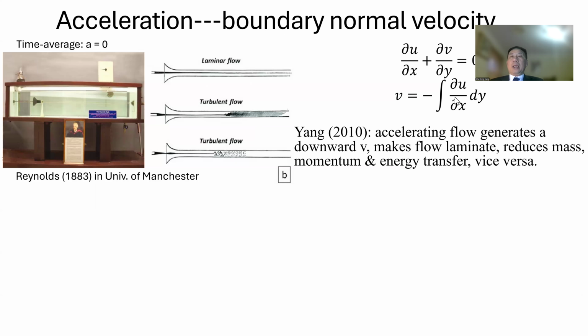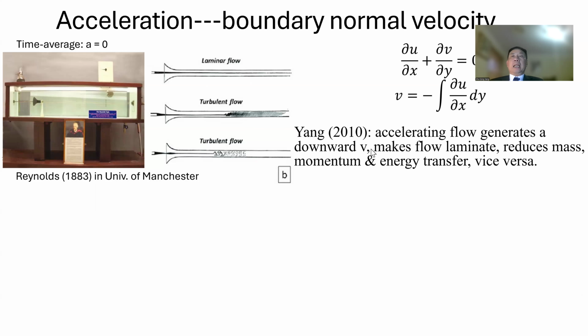In another way, if U is decreasing in the x direction, like decelerating flow, then negative, minus negative equals positive, and you will see the particles move upward. So the up and down velocity means accelerating and decelerating.